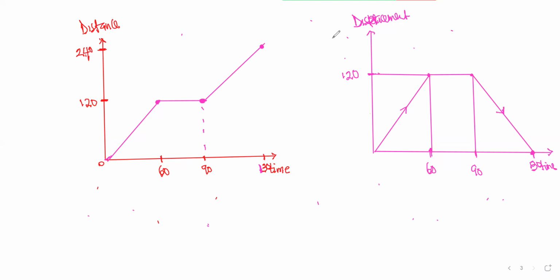A body starts with an initial velocity of 26 meters per second and moves with a constant acceleration of 7 meters per second squared for 25 seconds.